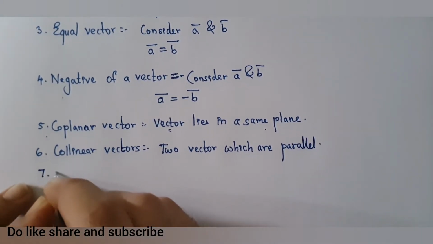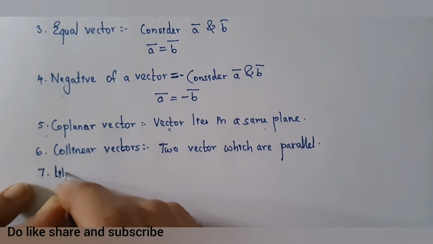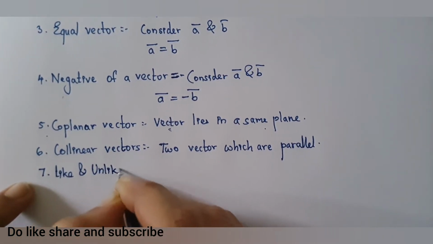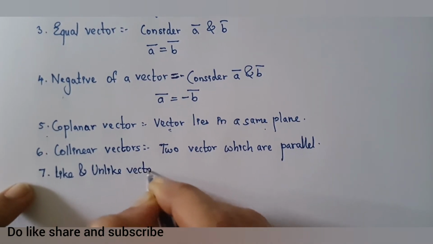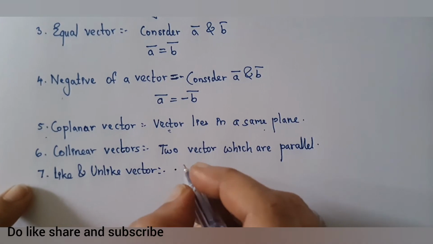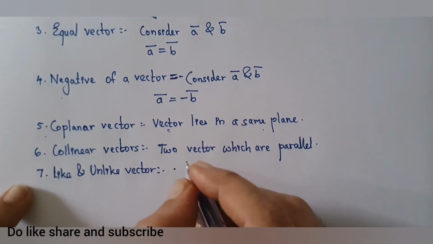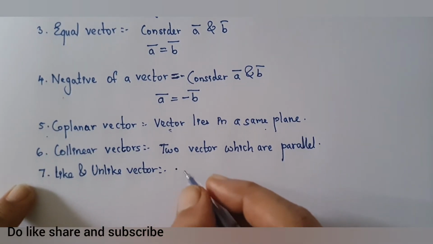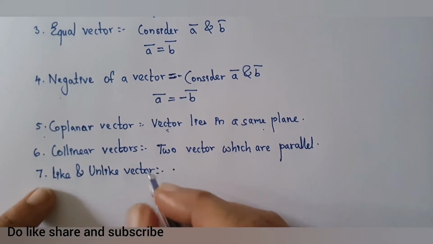Now seventh one is like and unlike vector. Two vectors having same directions are called like vectors, and those having different directions are called unlike vectors.